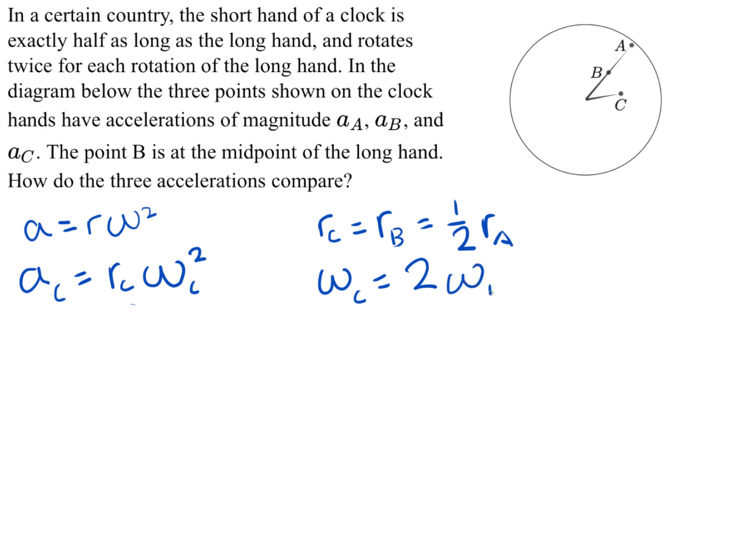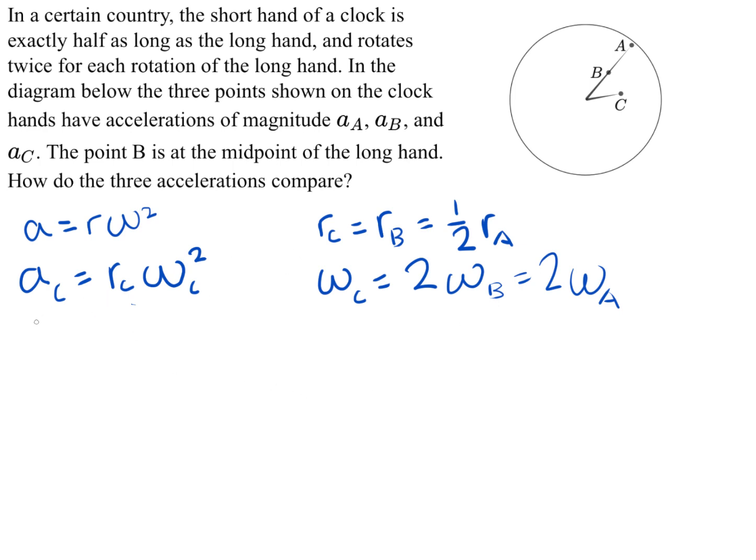So it's going to be twice the angular velocity of B and twice the angular velocity of A. And this is because only the linear velocity is different at each point on the same radius undergoing circular motion. And the whole line undergoing circular motion has the same angular velocity at every point.